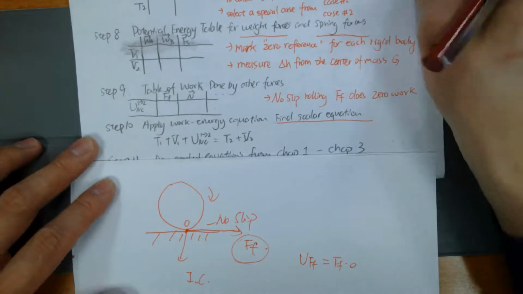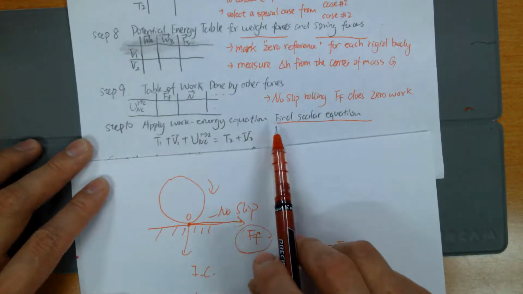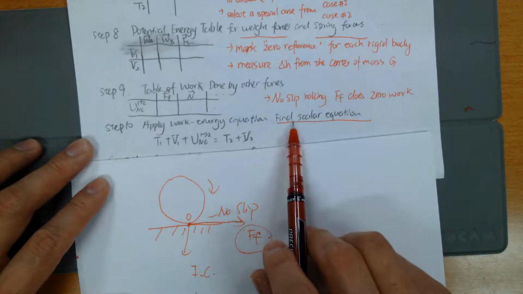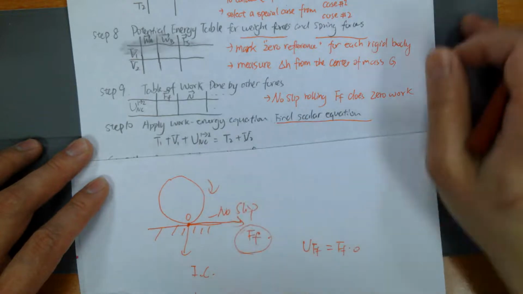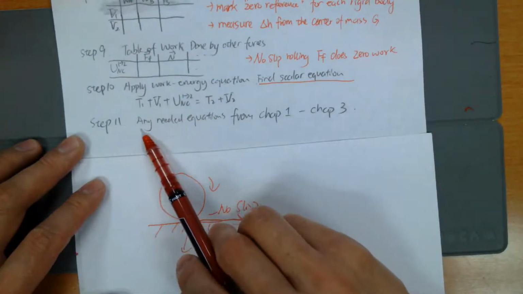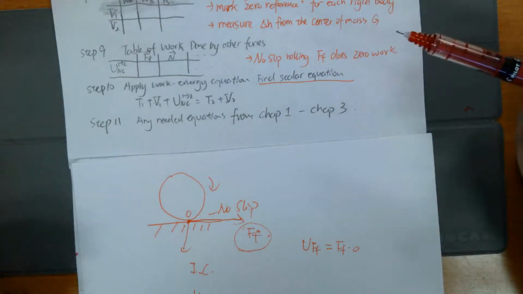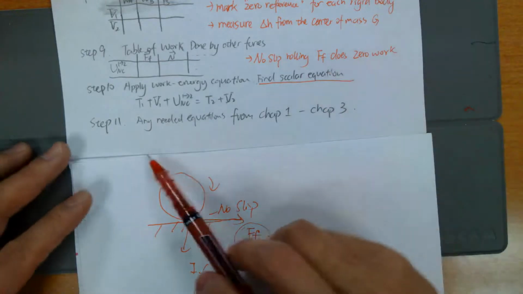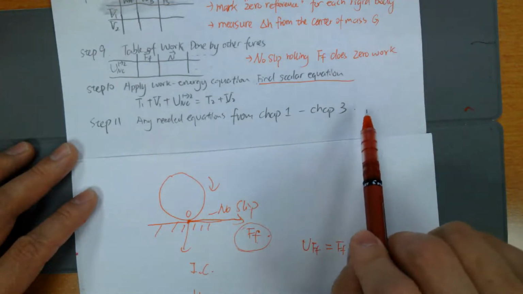Right, step 10 is to apply the work energy equation, and you can find one more scalar equation from the work energy equation. Step 11 is an optional step. If you need more scalar equations to help you solve unknowns, you will need to find equations from chapter 1 to chapter 3.